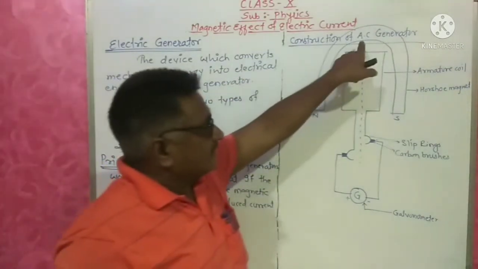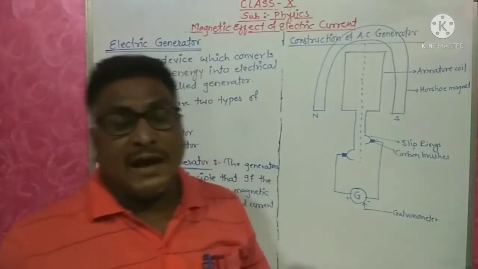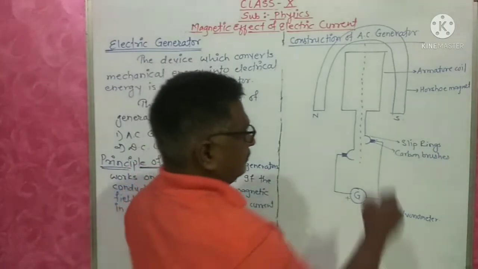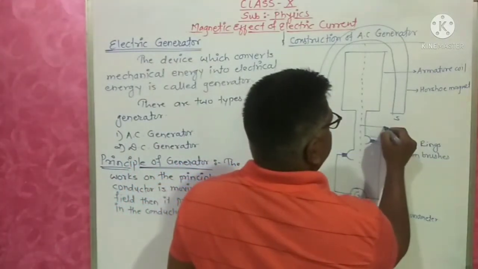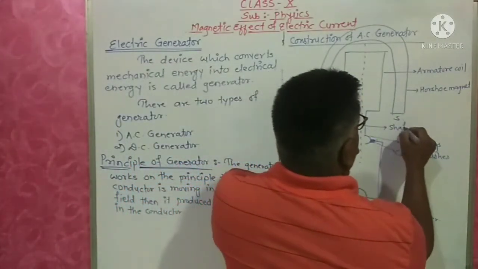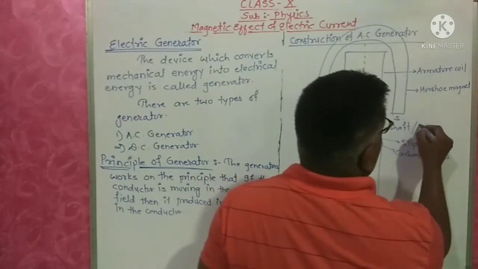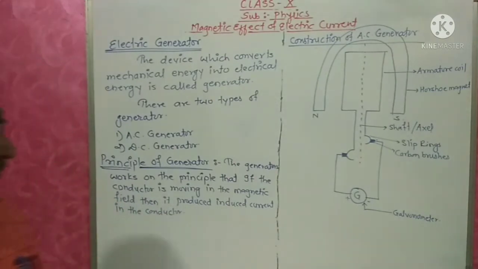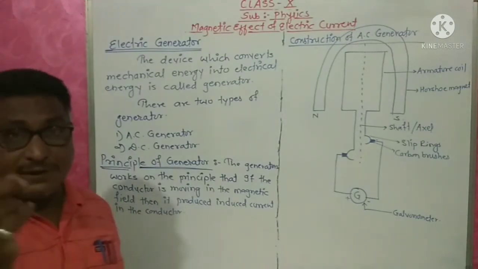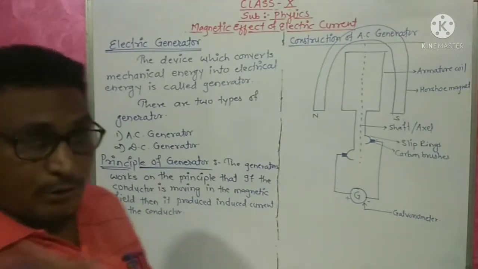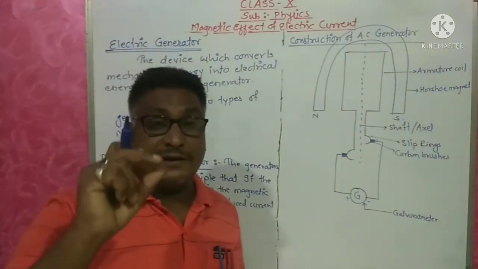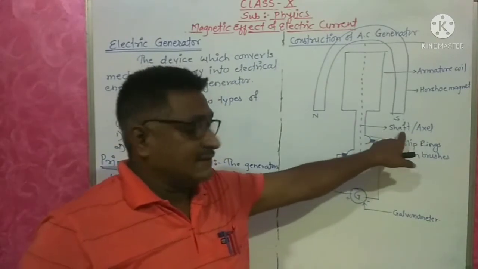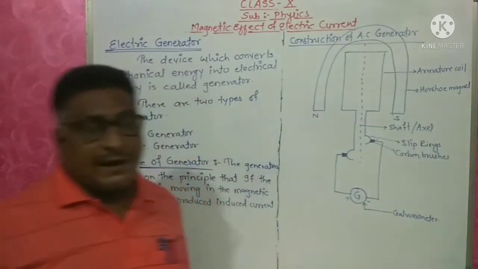And at the center, this dotted line I showed is the axle, or shaft. In a motor, there is a rod in the middle on which we connect the fan blades. That is called the shaft or axle.